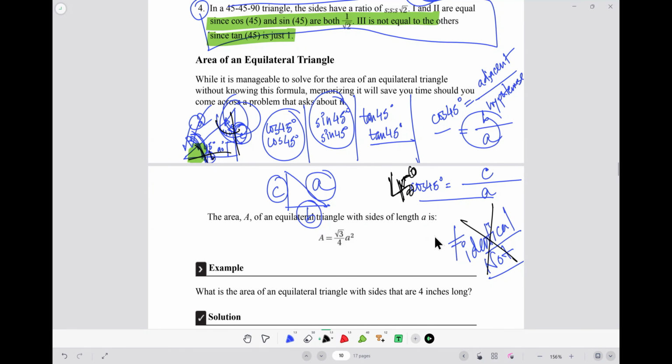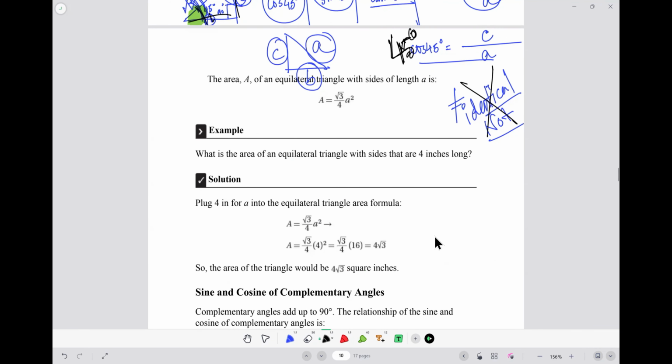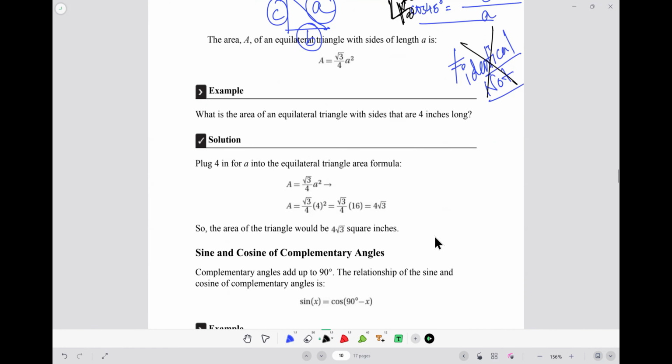Area of an equilateral triangle. What is basically an area of an equilateral triangle? Let me draw it here. An equilateral triangle is basically a triangle which has the same length for each side. A triangle is basically a three-sided polygon. So our equilateral triangle has three same length sides.